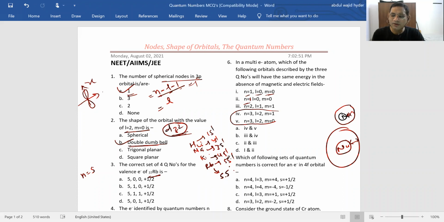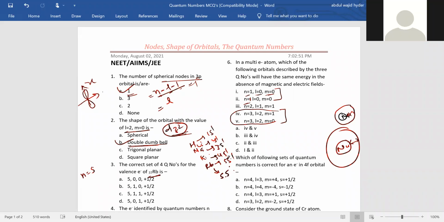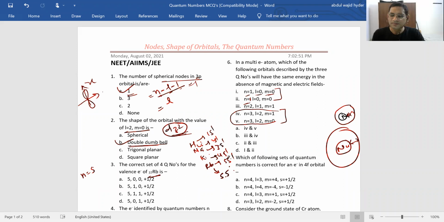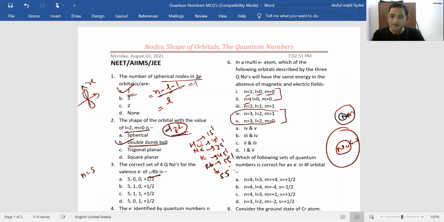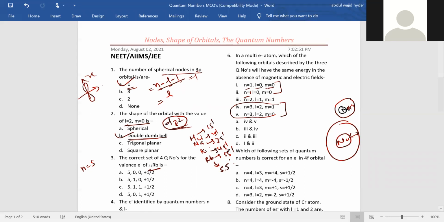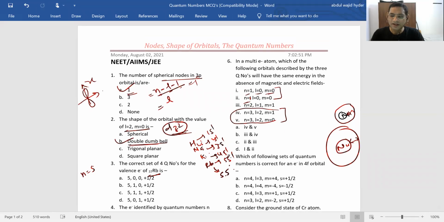If it is 1, then only these two will be having same energy. Sir, I didn't get the fourth and fifth question. First and second. So what answer have they given? Option A, fourth and fifth.